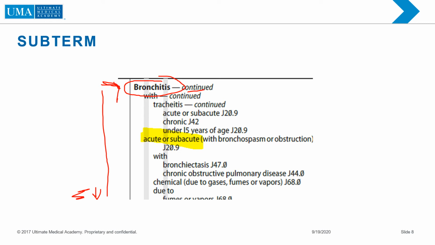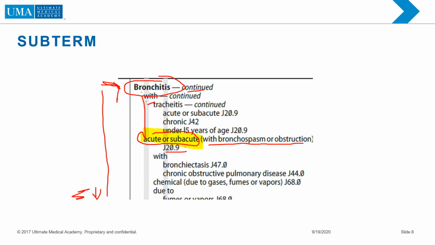It starts with tracheitis. Well, that's not what we need. You come down further, keep following down, and you see acute or subacute. This is telling us it's with bronchospasm or obstruction, and it's referring us to code J20.9.